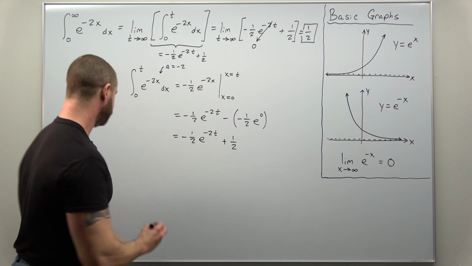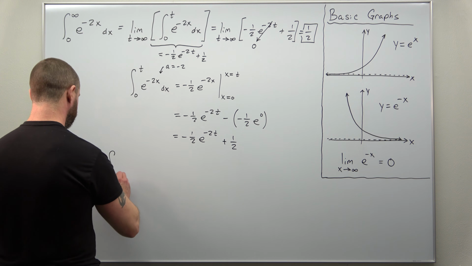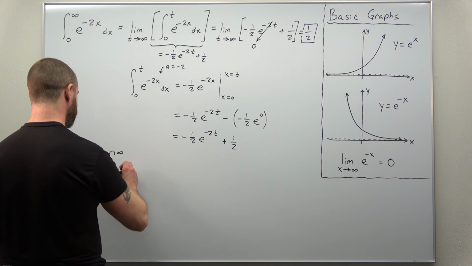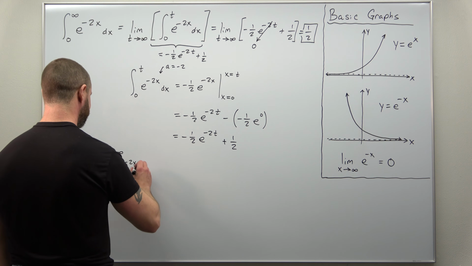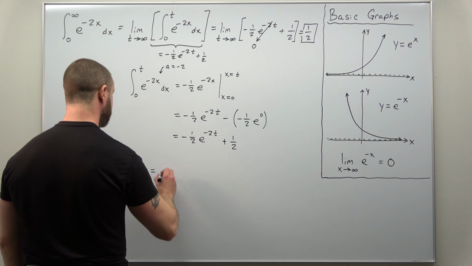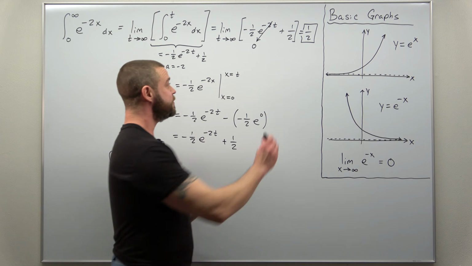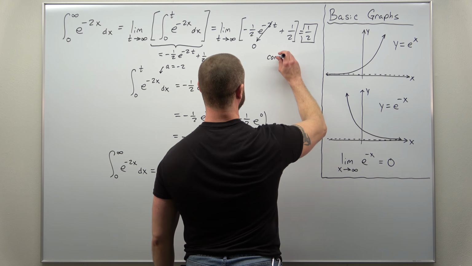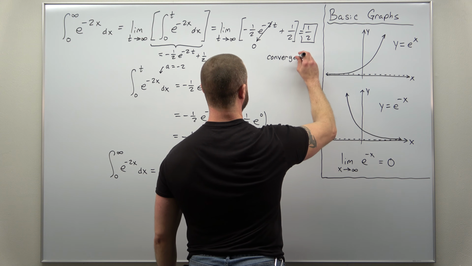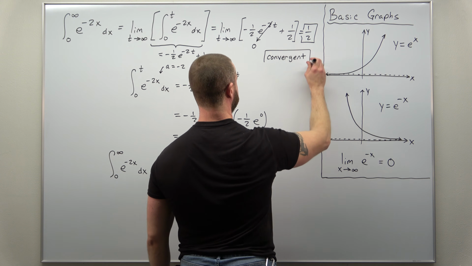Now to state this, we can say this integral from 0 to infinity of e to the negative 2x, since this limit exists, tells you that your improper integral is convergent, first of all.